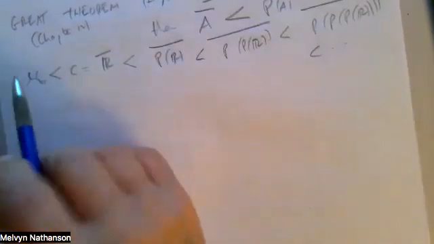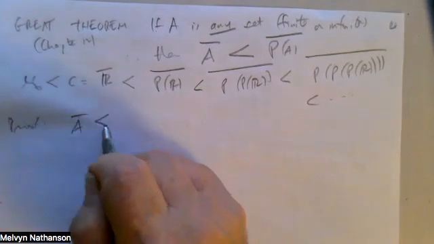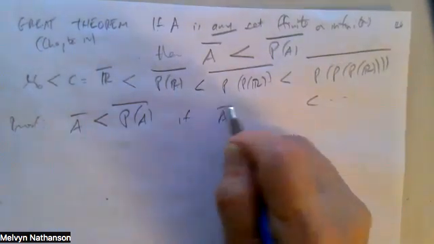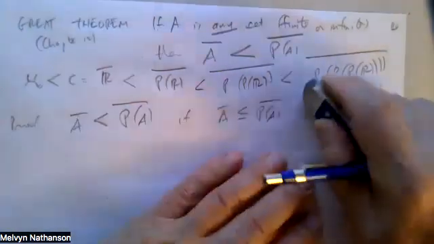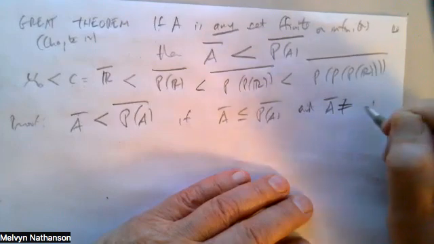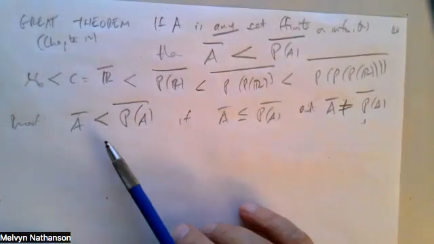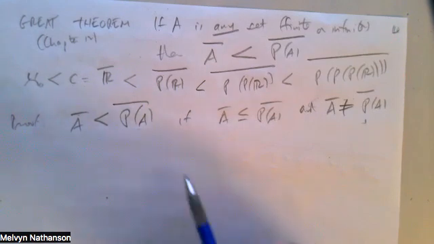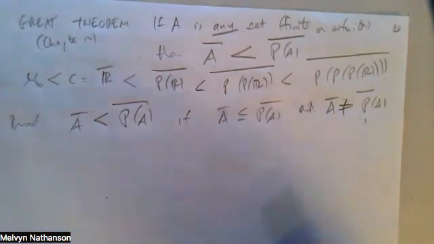So how do we prove this? Let's recall the cardinality of A is strictly less than the cardinality of the power set of A if the cardinality of A is less than or equal to that of the power set of A, and the cardinality of A is not equal to that of the power set of A. So, definition of inequality: one set is strictly smaller than another set if the first set has a number of elements less than or equal to the number in the second, but it's not equal to that.